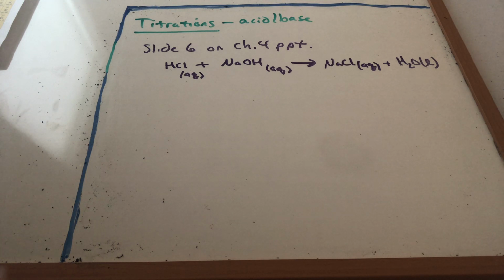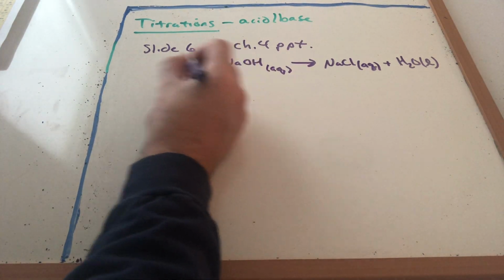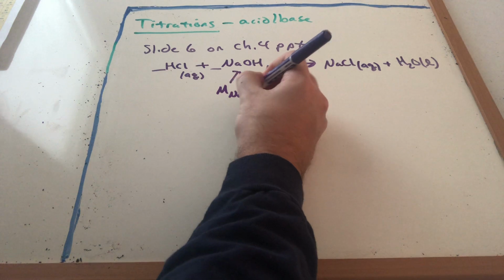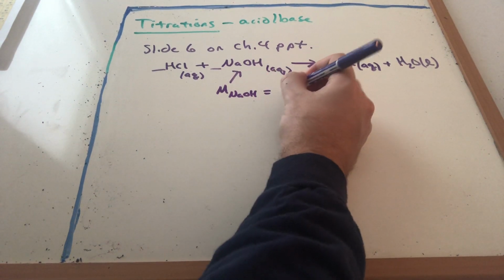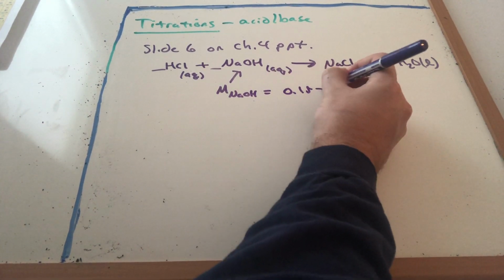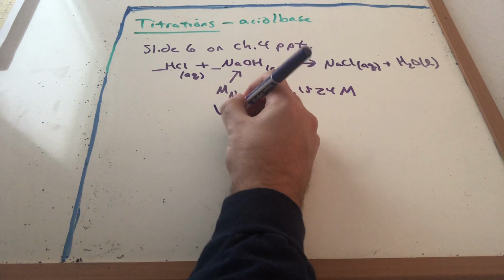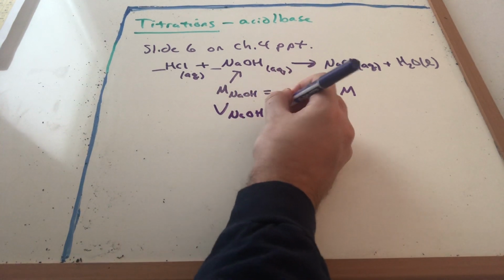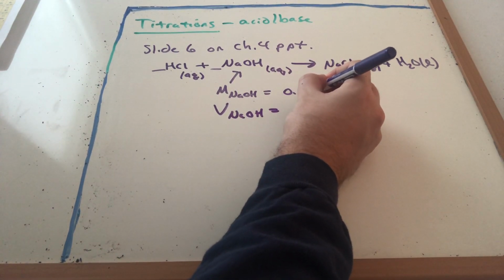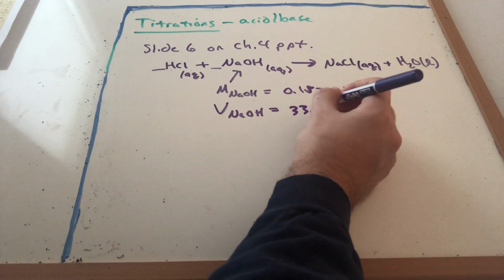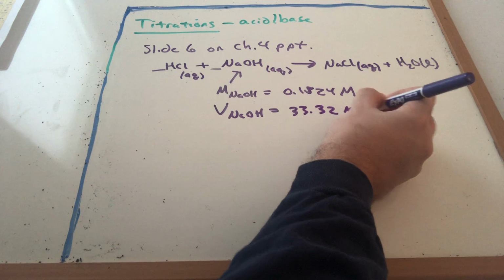Based off the information that's given, a molarity of NaOH is given as 0.1524 molar. And there's wording in the problem that tells you that the volume of NaOH used to get the endpoint was a total of 33.32 milliliters.